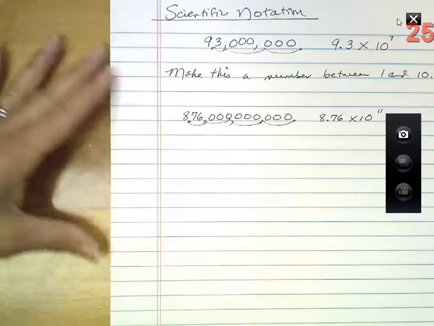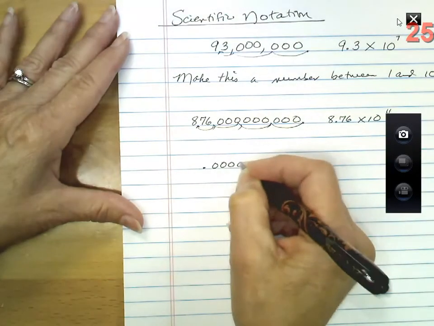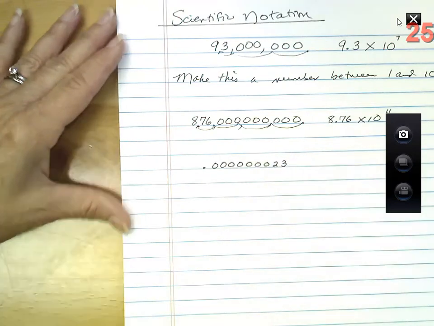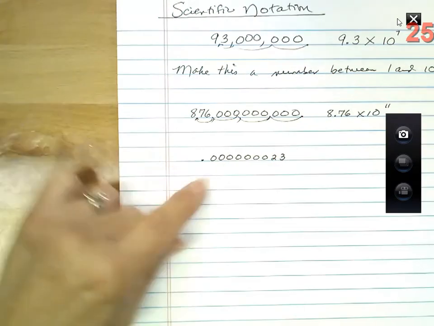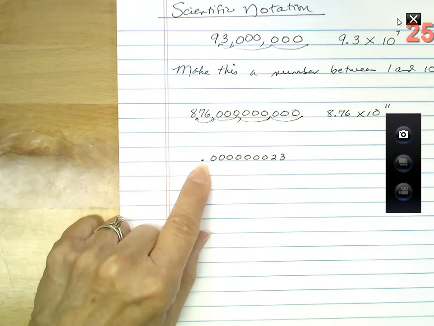Now suppose we have a number like this. This is a tiny number. It is a fraction of a whole number.